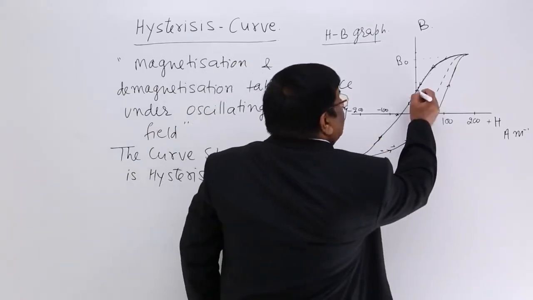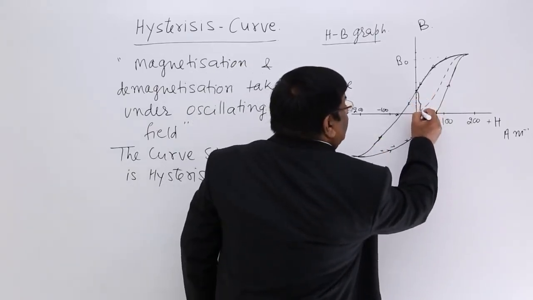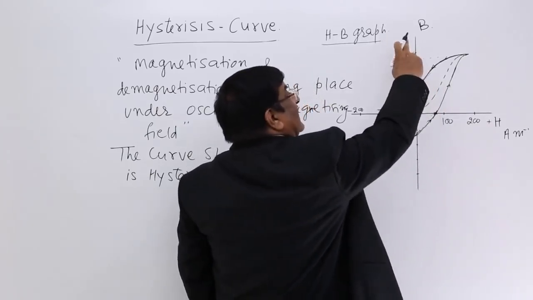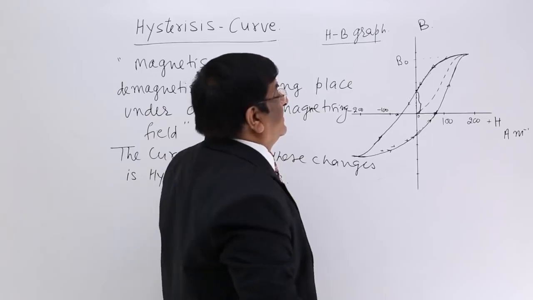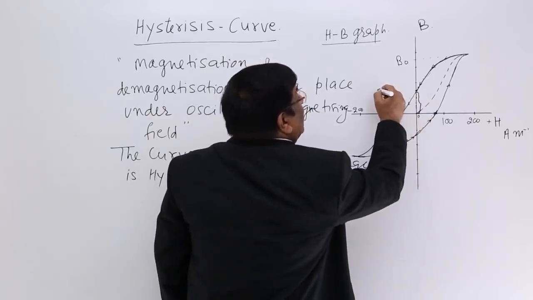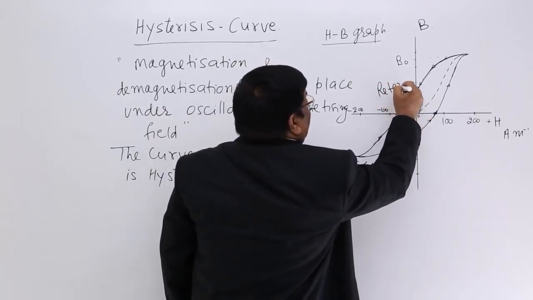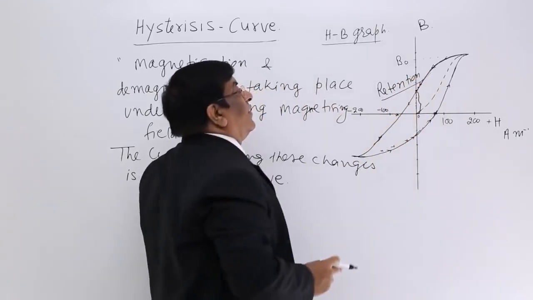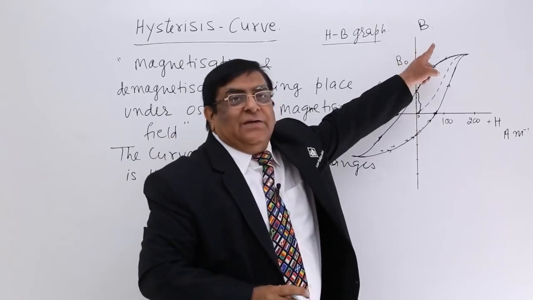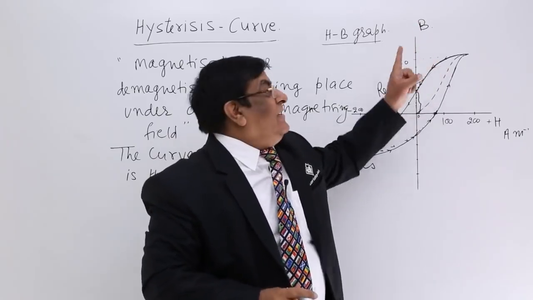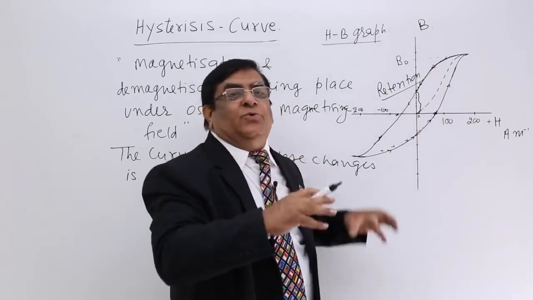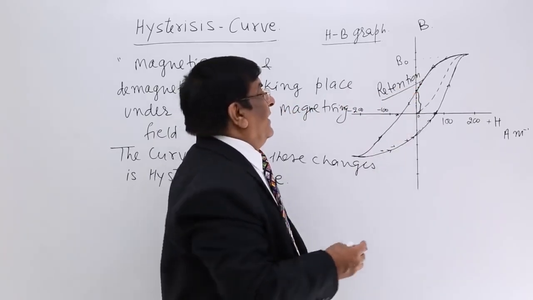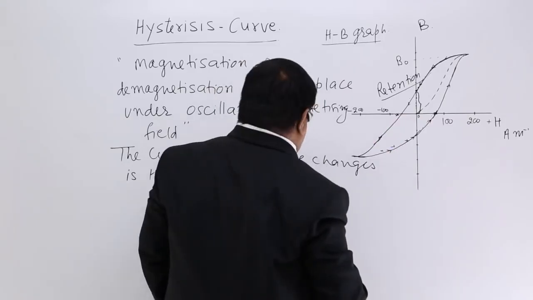Number 1, this value of B when H is made 0, this is retained in the ferromagnetic material and this is known as retention. Retention of magnetism B in ferromagnetic material even when the magnetizing force we have made 0. This is the retention point, this value of B.